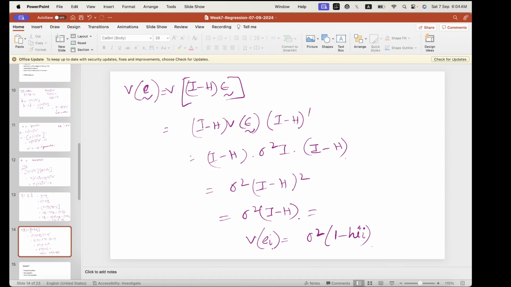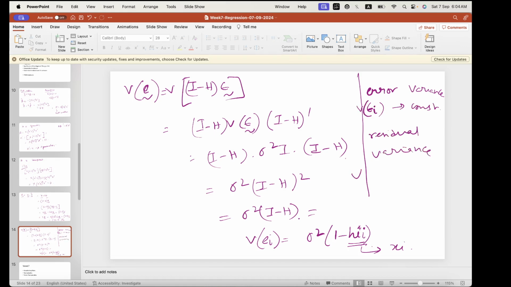It no longer remains constant. It is dependent on hᵢᵢ, which in turn is dependent on my xᵢ values. So from here we can say that the error variance, variance of εᵢ, even though that is constant, the residual variance is not constant. That is, the variance of eᵢ is not equal to some k. It varies depending on the value of xᵢ.